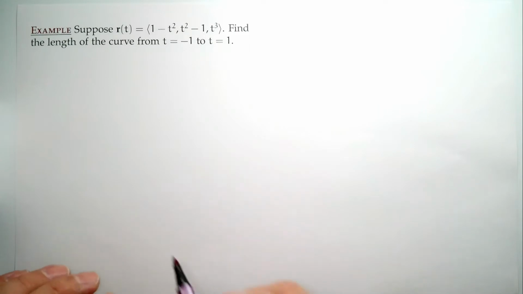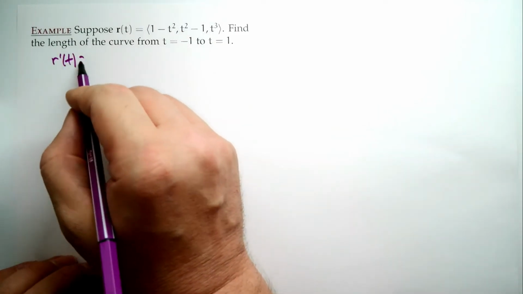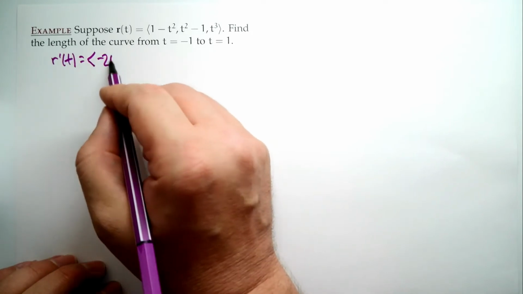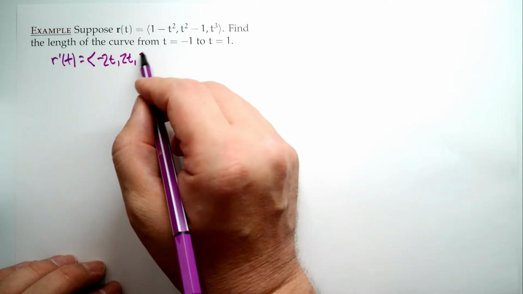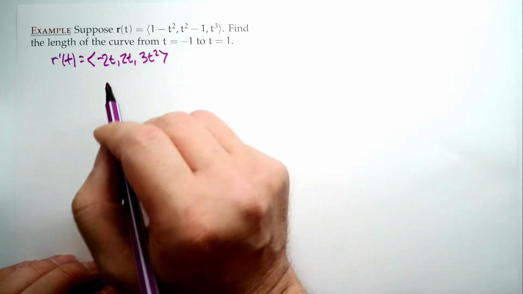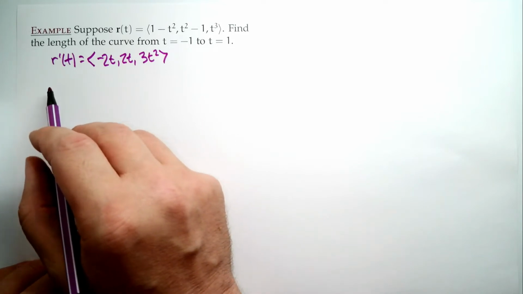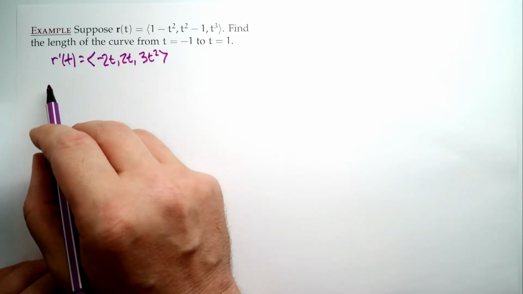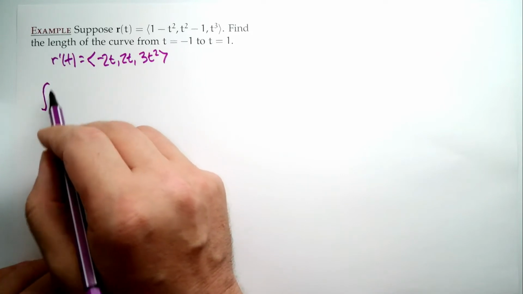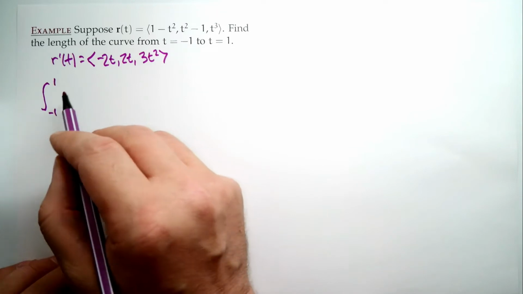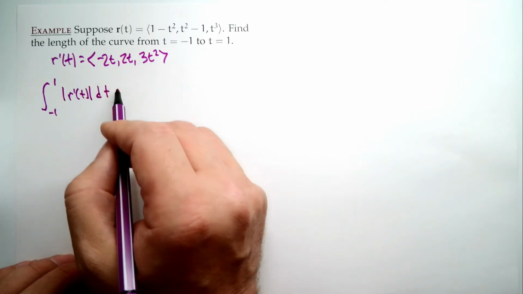That seems pretty straightforward. What's r prime of t? Negative 2t, 2t, and 3t squared. Okay, that's pretty nice. All right. So, what do we have? Well, we would want the integral, negative 1 to positive 1, of the magnitude of r prime of t, dt.